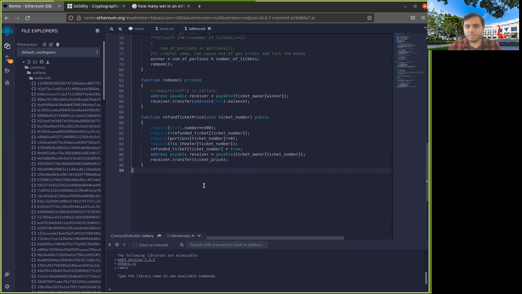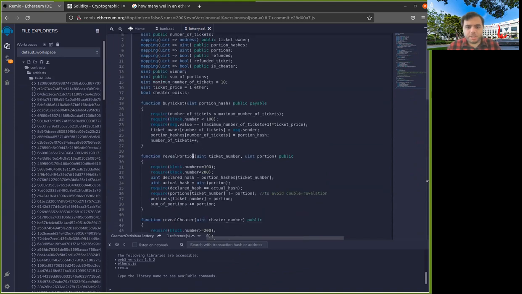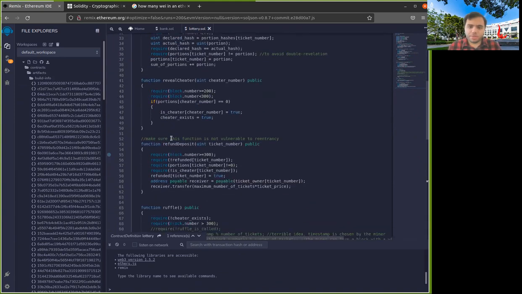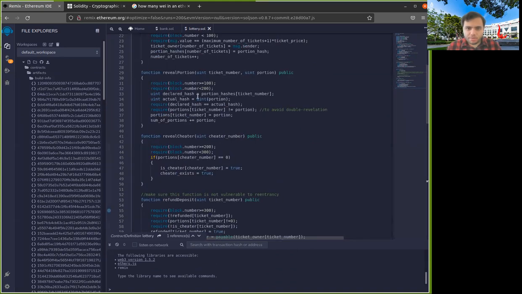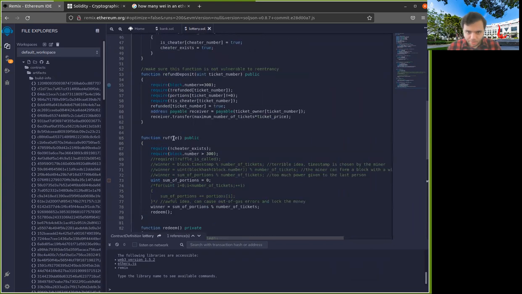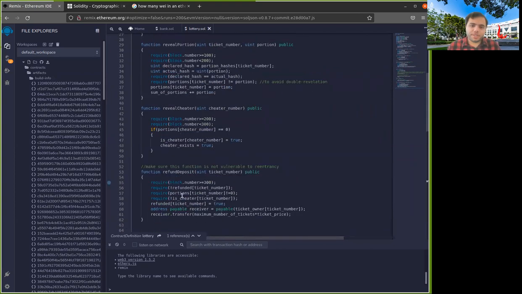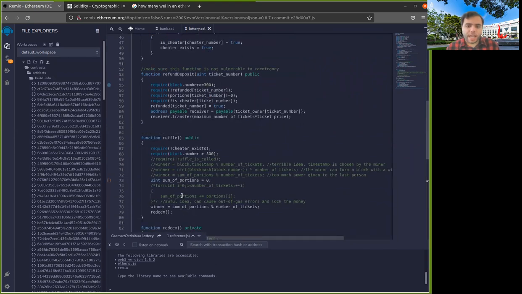And this works. Okay. As I said, you can think about how to minimize the number of functions. Maybe you can put the refund deposit into the reveal portion. Maybe you can just put the two refunds together. And of course, maybe you want to also implement some logic that says, okay, just confiscate the money off of all the cheaters and divide it between others so that they can get back some money for their gas fees that they have paid.